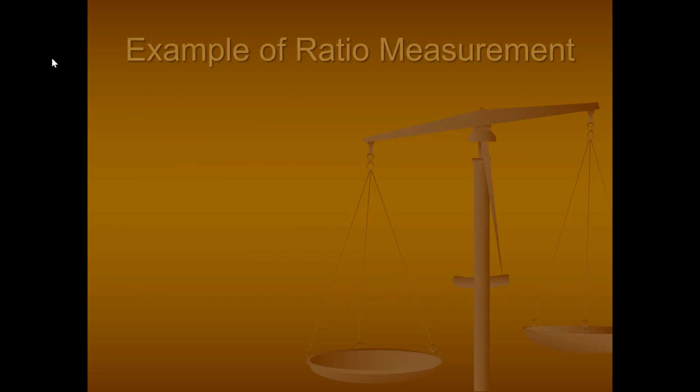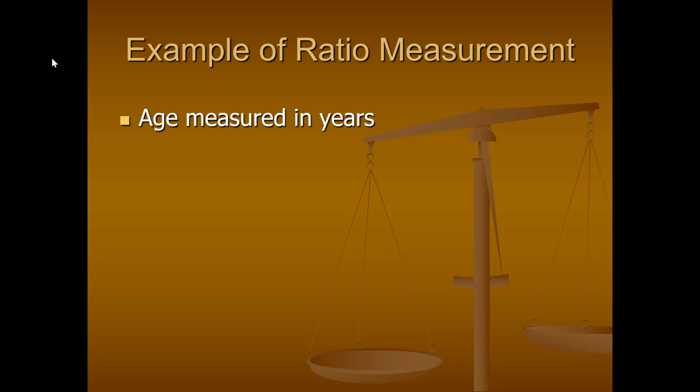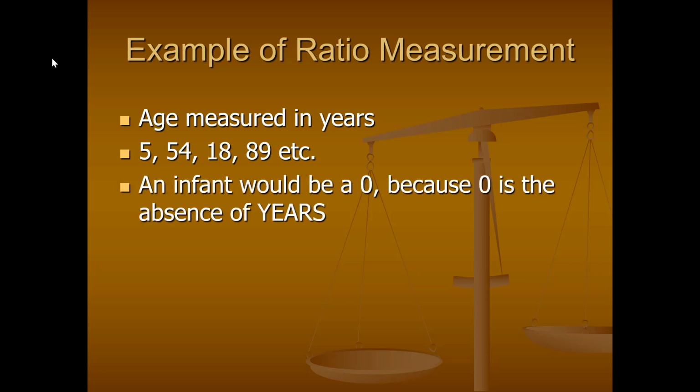So for example, age, if I measure it in years, is a ratio level of measurement. You can be 5, you can be 54, 18, 89, etc. An infant would be a 0 because a 0 is the absence of years.